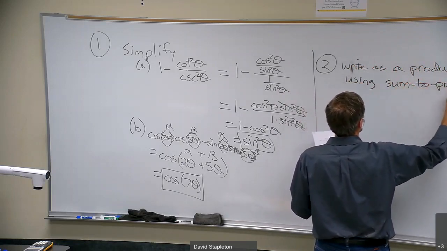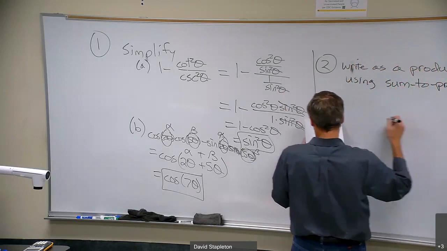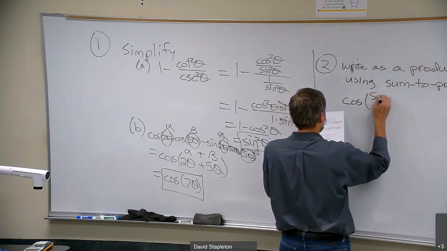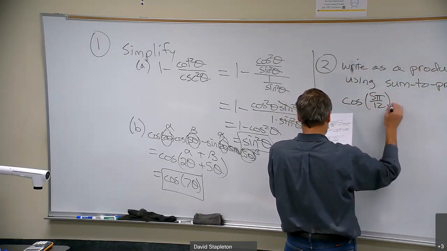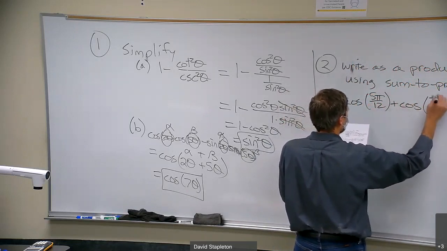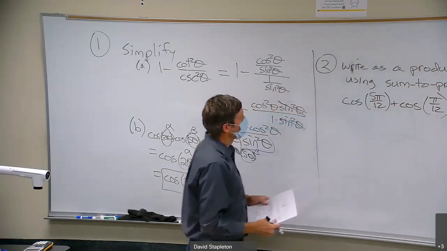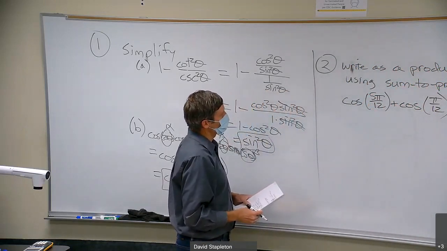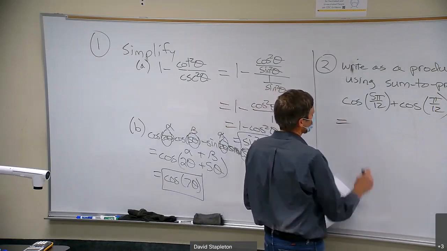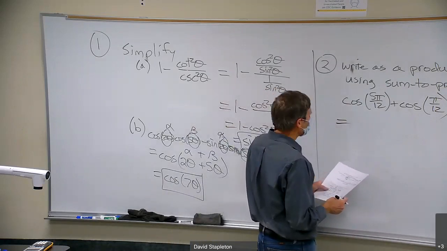I didn't expect you to memorize that one, as we said. Where I have cosine 5 pi over 12 plus cosine pi over 12. I also gave it in degrees, so you wouldn't have to do radians if you didn't want to. 75 degrees and 15 degrees. Either way you do it, I'll do it in radians for the first one there.